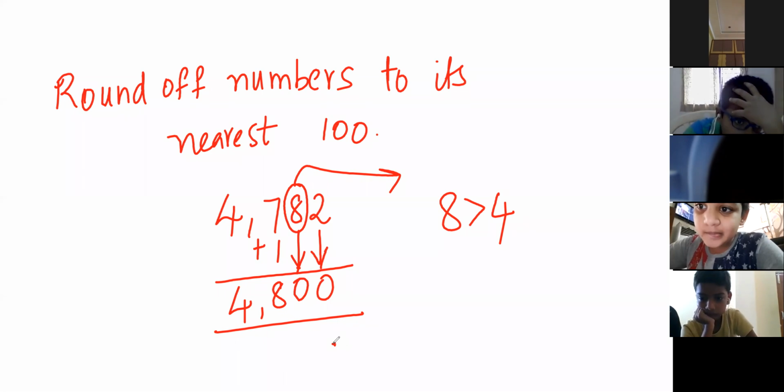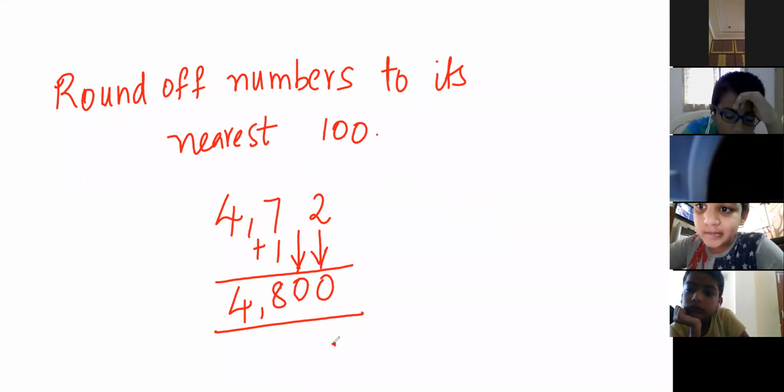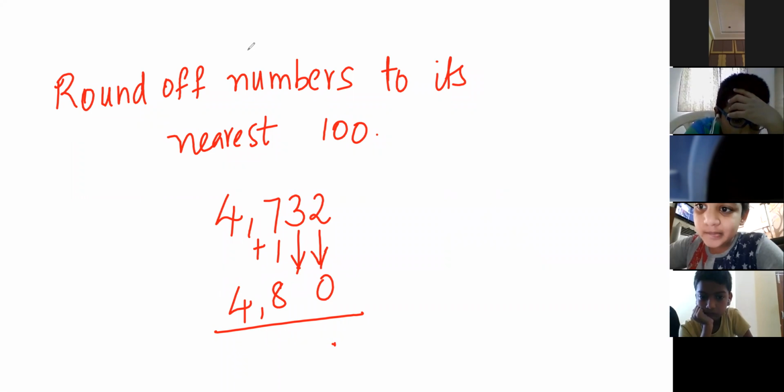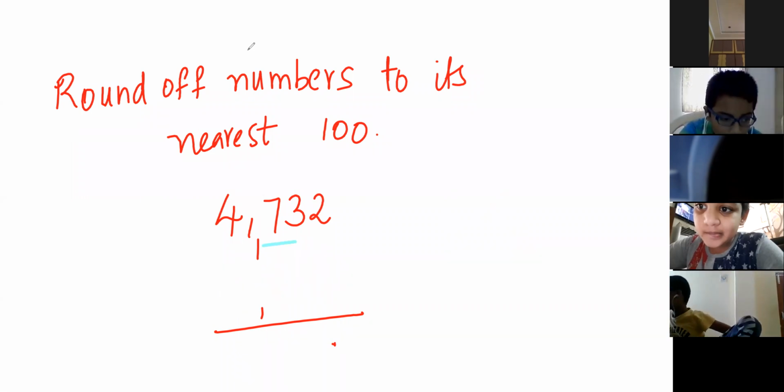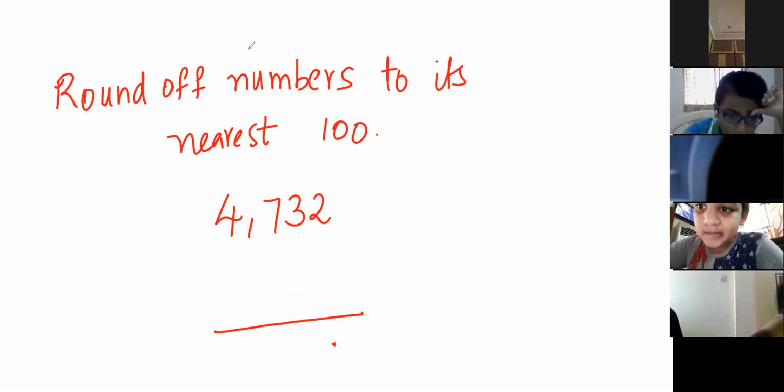Suppose here instead of 8 I have any other number, I'll show you that also now. This is the explanation part only. Don't write it down. I have 3, suppose. Then, as we are rounding off this number to the nearest hundreds, let us make the ones and tens places 0.